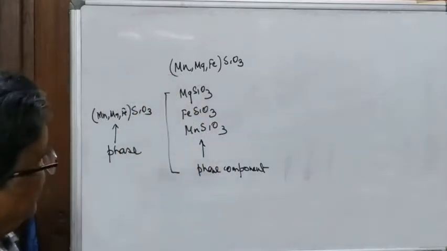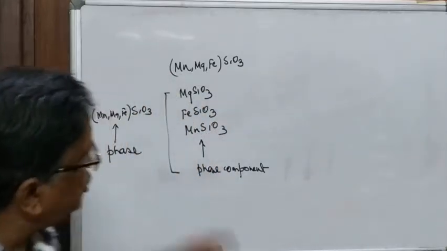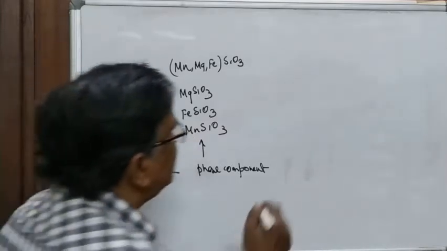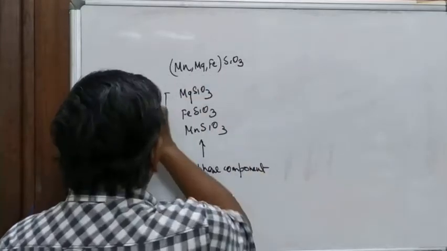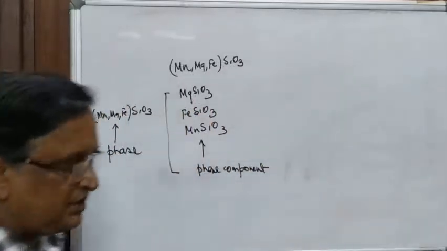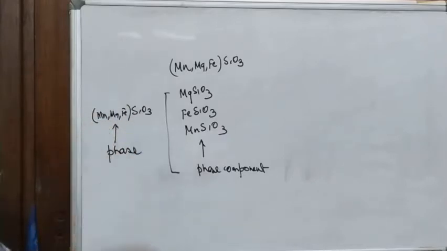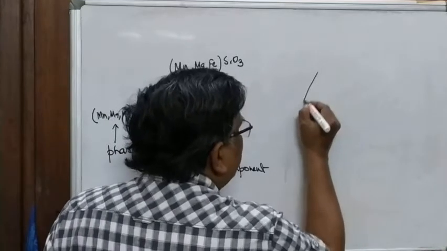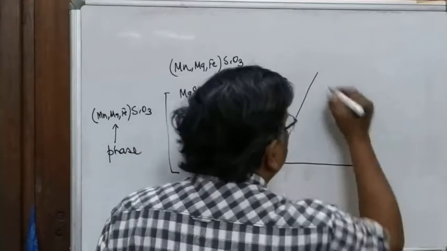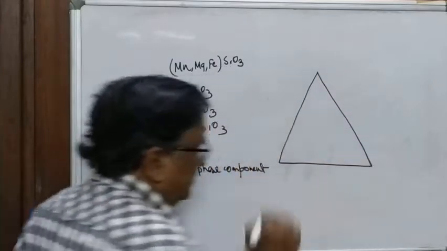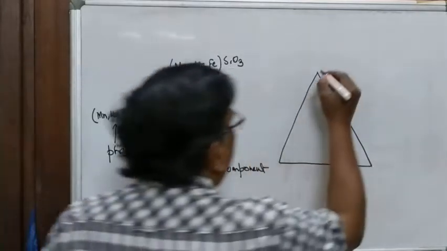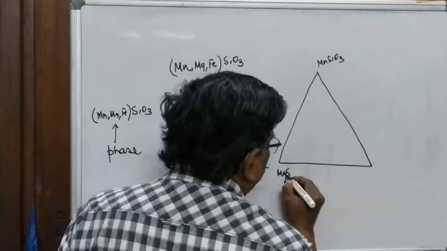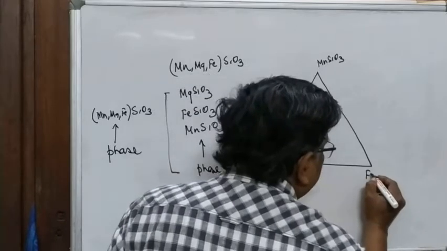Now, some of you said that it should be a separate rhodonite phase. No. For example, let me say my pyroxene phase, if I have analyzed it and found out this is the composition. So I take a triangle, this is a composition space where you have MnSiO3, MgSiO3 and FeSiO3.